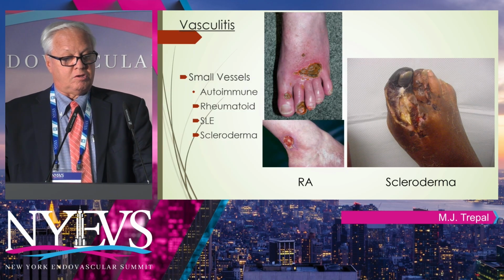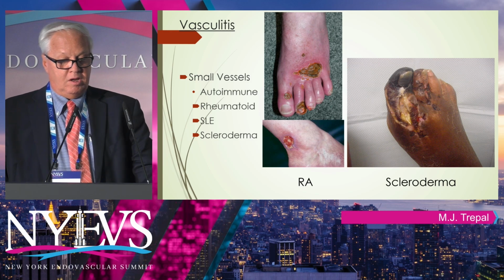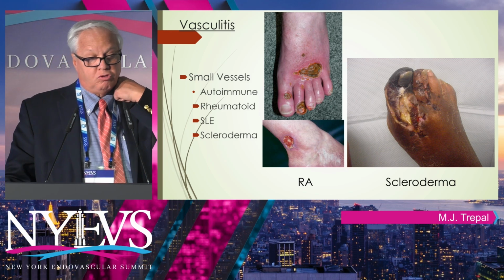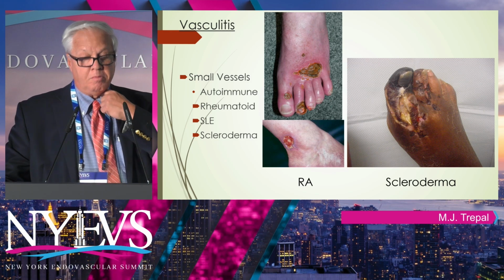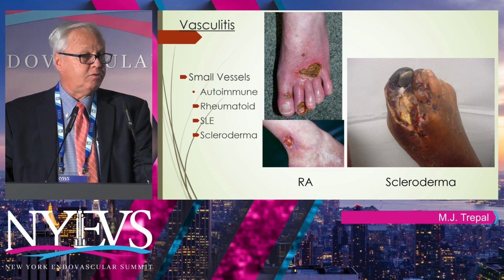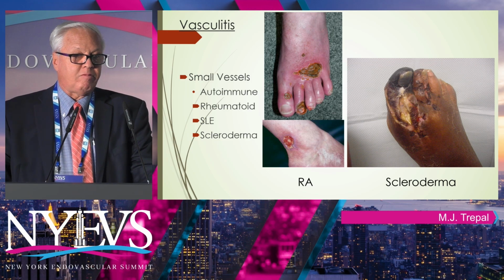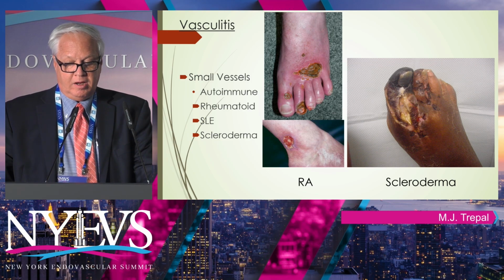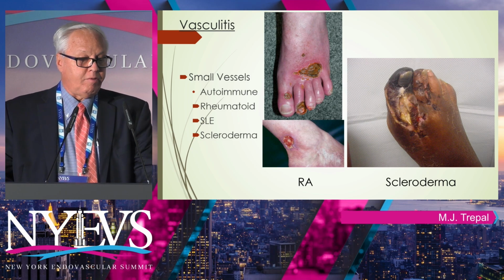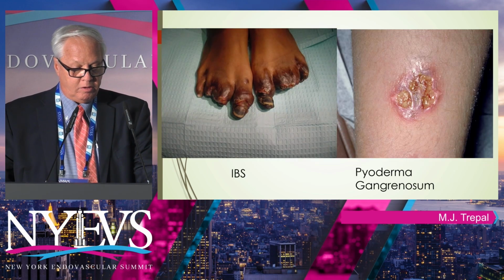Vasculitides, right? Small vessel vasculitis in patients with rheumatoid arthritis, patients with scleroderma, as you see on the right-hand side there. Again, you need to have the history of the patient and understand that that is having an effect on it. Again, thinking outside of the box.